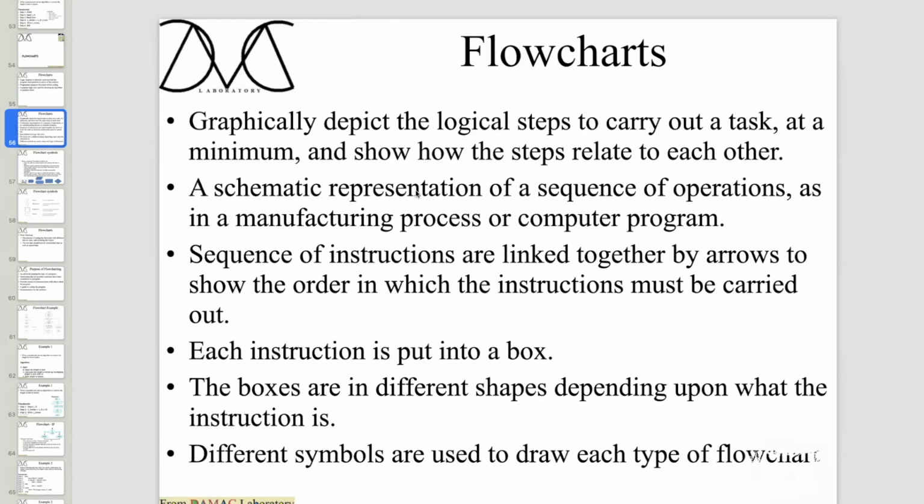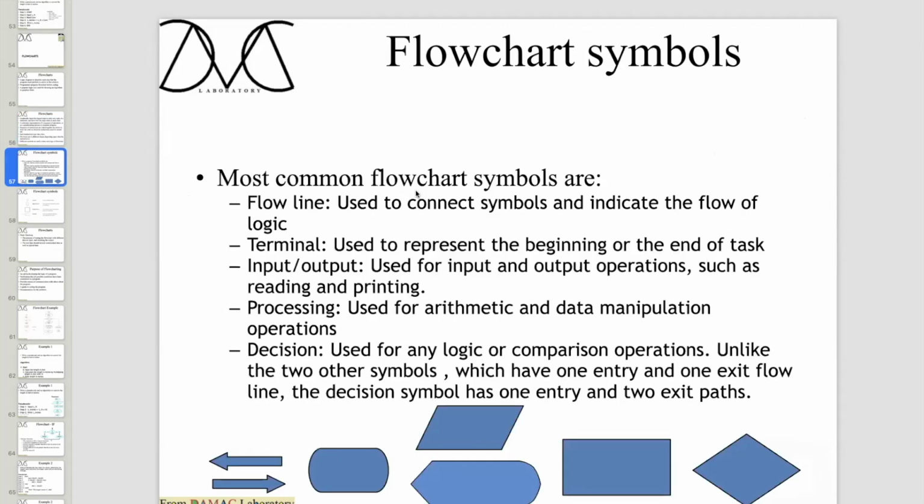As I said in the earlier slide, a flowchart is nothing but a diagram. It's a graphical representation of a solution, and in that graphical representation you must follow a sequence, and for each of those steps we have different symbols to draw the diagram. To draw a particular flowchart, we generally use these particular symbols.